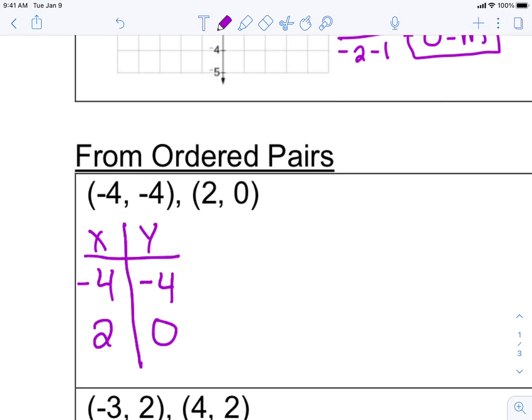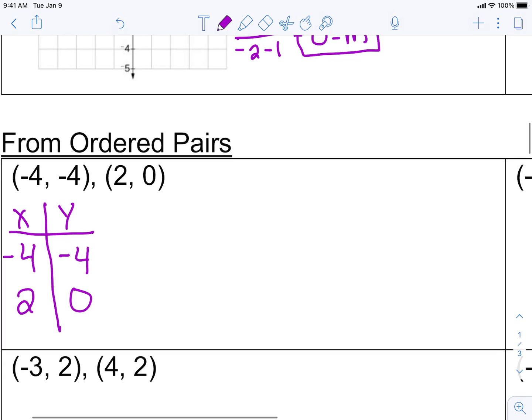Me personally, I like to just label my first point as X1 and Y1, and my second point as X2 and Y2, and then we plug it into the formula. I like to write the formula just so I remember it. So we have Y sub 2 minus Y sub 1 over X sub 2 minus X sub 1.